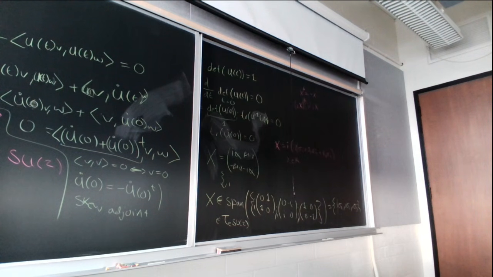We will be interested in self-adjoint matrices, because they are going to be the observables, and their eigenvalues will tell me what can be measured in an experiment, right?